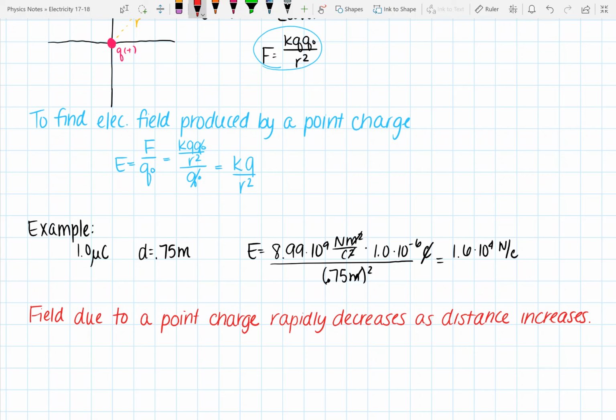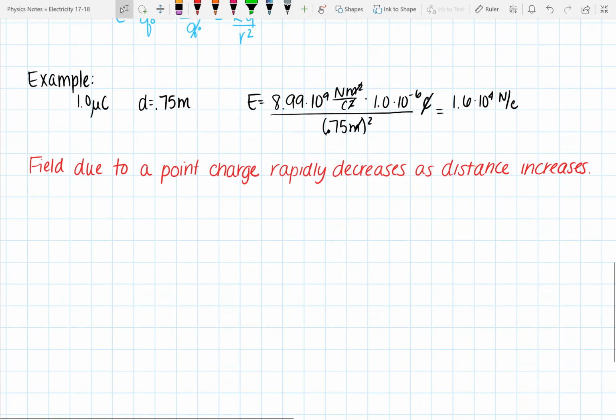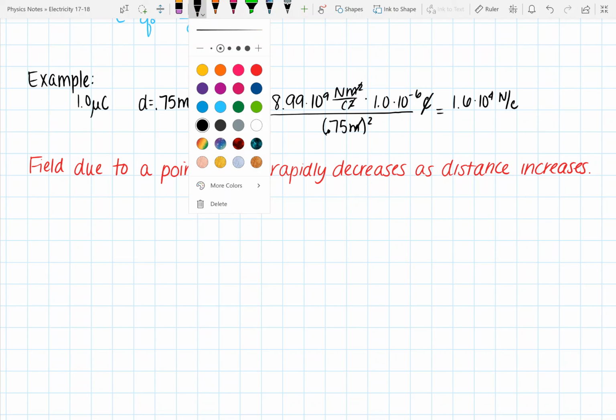Okay. So, electric fields can add together, and they add together by superposition.